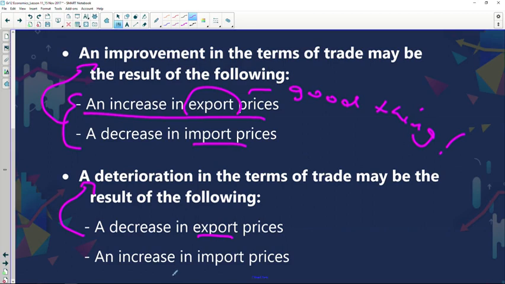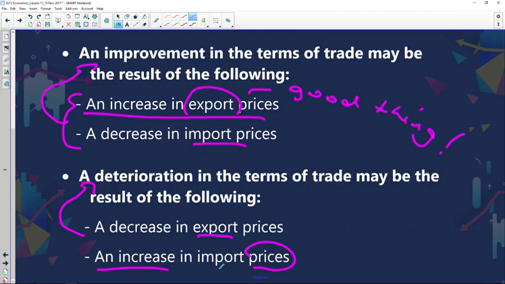And also when there's an increase in import prices, this will cause a difficult terms of trade situation, because we are not exporting more items, but instead we are importing more items.